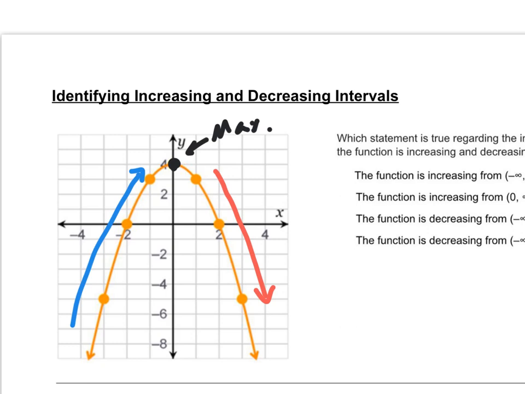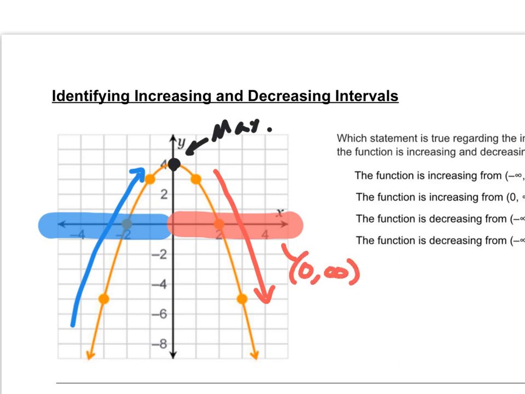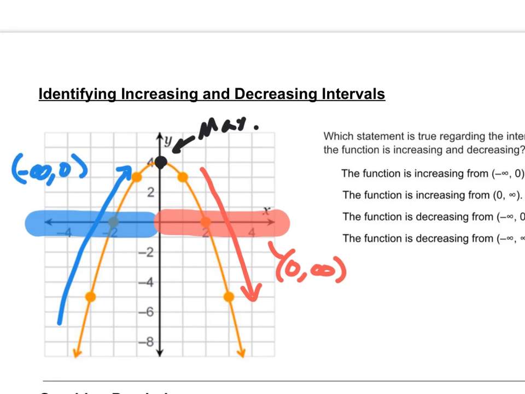Then we want to know where this is increasing. So we are increasing on the interval from negative infinity to 0, and then we're decreasing from 0 to positive infinity. So let's take a look here.